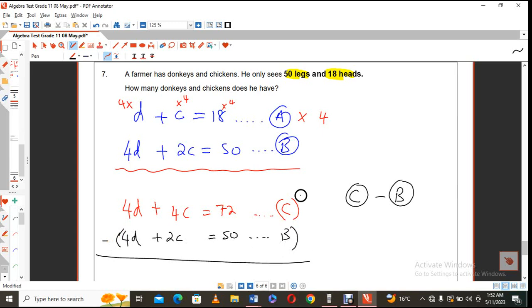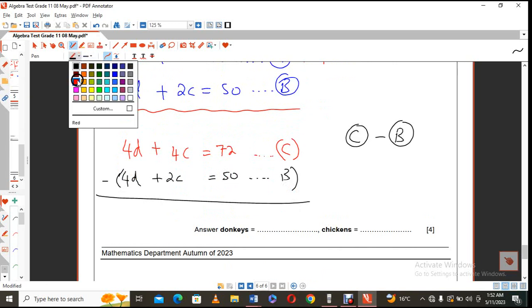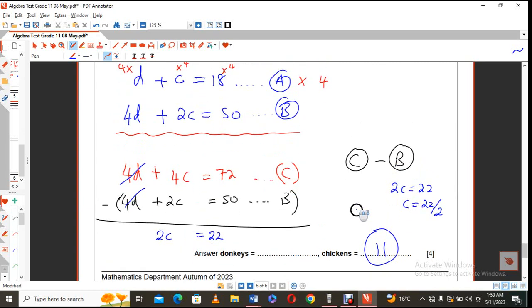The 4d cancels, 4c minus 2c is 2c, and 72 minus 50 is 22. So 2c equals 22, and c will be 22 divided by 2, so there are 11 chickens on this farm.